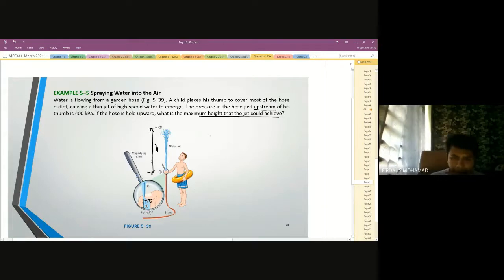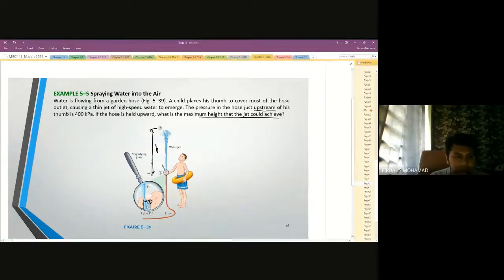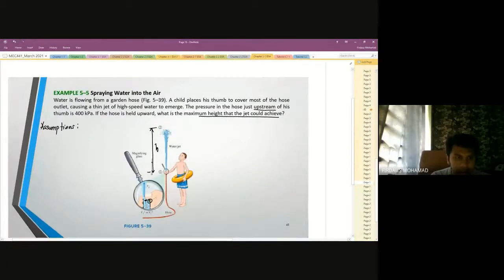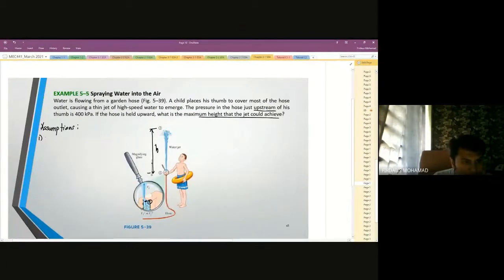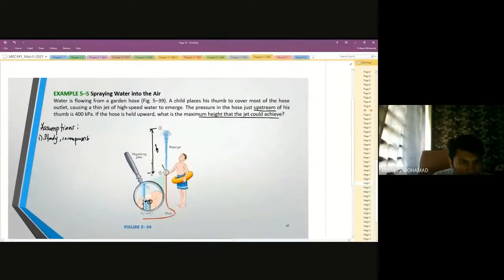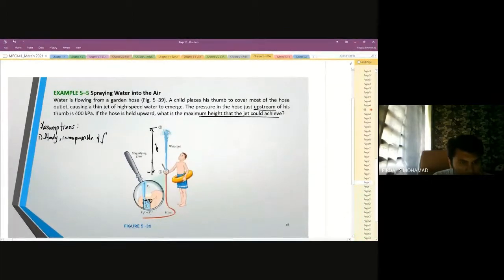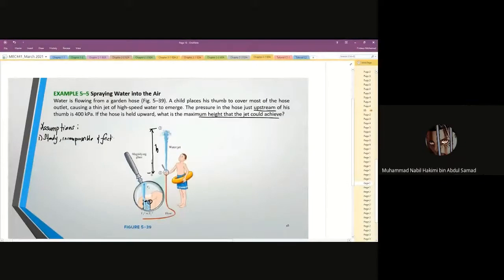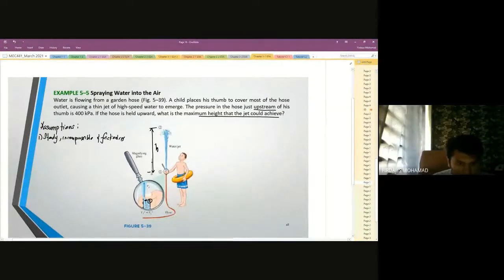Boleh. Okay, tapi nak guna Bernoulli equation, we must come up with the assumption. Okay, satu apa tadi? Steady, incompressible and frictionless flow.